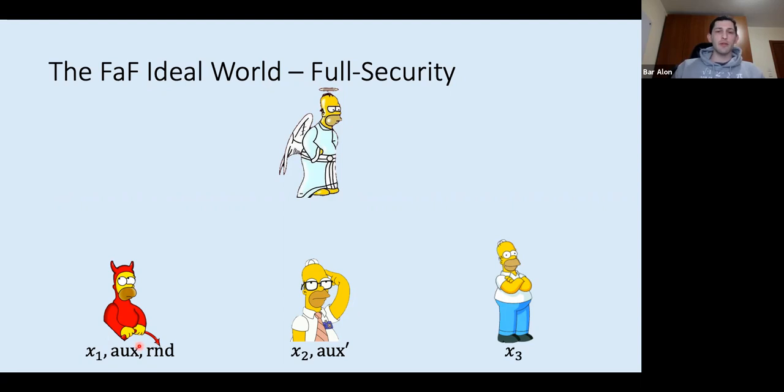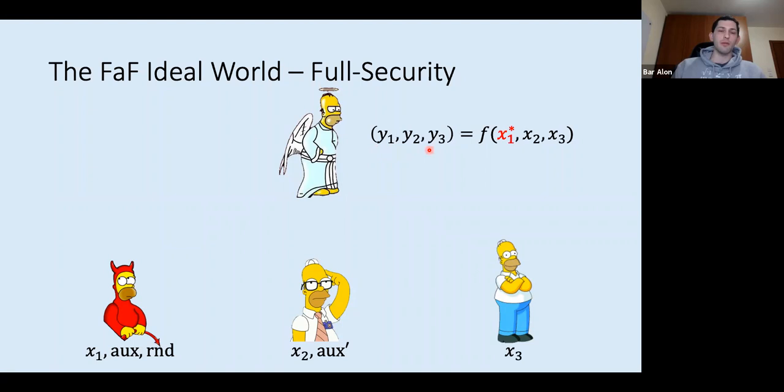So how does the execution in the ideal world happen? It starts the same. Every party sends an input to the trusted party, with the malicious party changing its input, but the semi-honest party keeps its original input. It acts honestly, so it doesn't change its input. Then, based on that, the trusted party computes an output. In general, it doesn't have to be the same output for everyone.